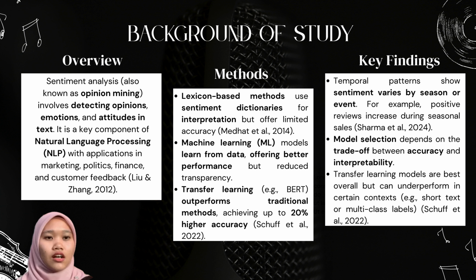For instance, Sharif, Hasan, and Ben Lien from 2022 found that models based on BERT and similar architectures outperform traditional approaches by over 20 percentage points in classification tasks. However, this improvement in accuracy comes at a cost, primarily complexity and reduced interpretability. The choice between accuracy and transparency has become a recurring theme in current sentiment analysis research.